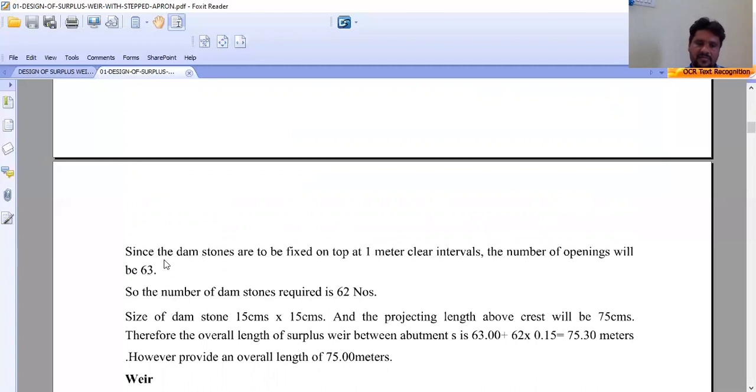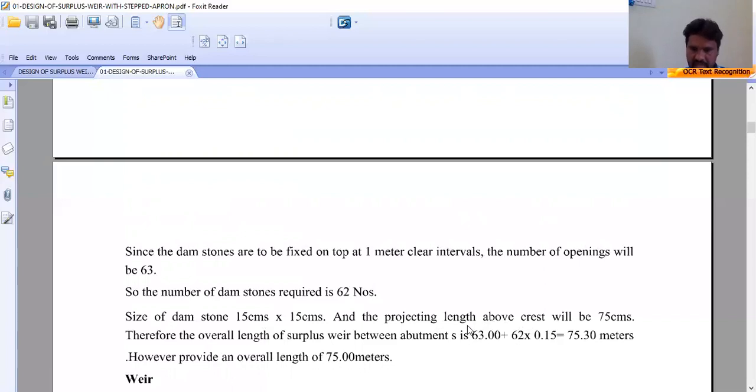With 63 meters, how many dam stones can be fixed? N minus 1, definitely, so 62 dam stones can be fixed. The size of the dam stone is 15 centimeter by 15 centimeter. The length may be affected, the width will not affect the dam, right? So the total length can now be increased.